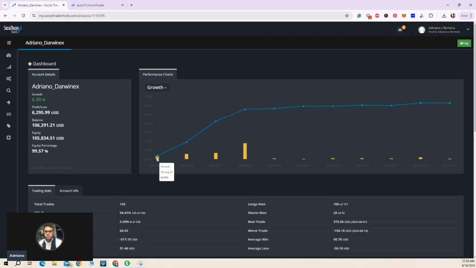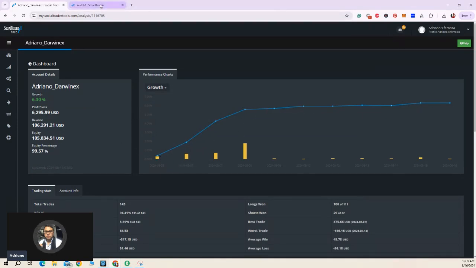Not a huge drawdown. I believe the maximum drawdown on this account is below 1%, so almost nothing. 6% on Darwin X. If you can make 1%, 2% per month, it's great. So it's doing pretty good this month.